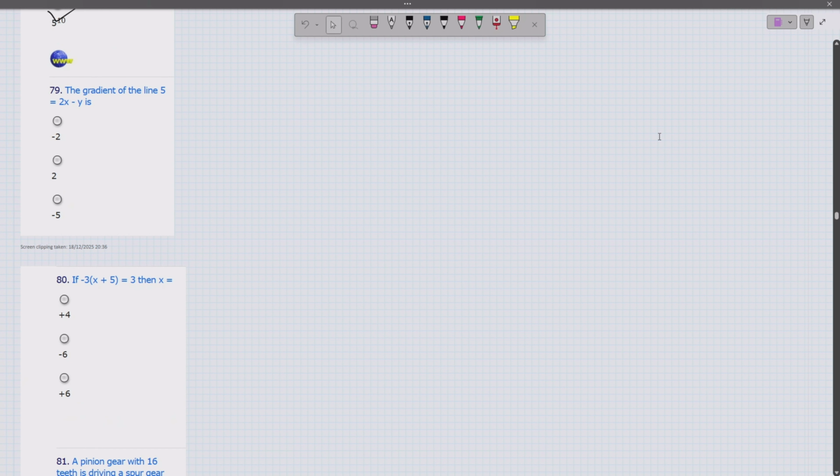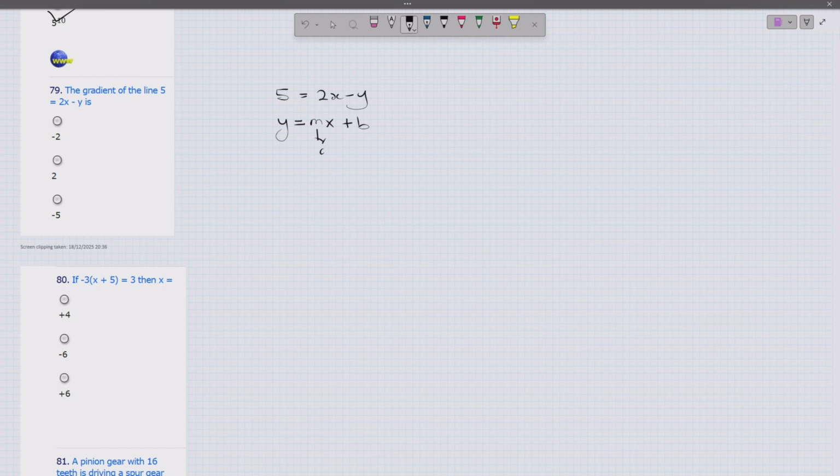The gradient of a line: 5 equals 2x minus y. The equation of a line is in the form y equals mx plus b, with m being the gradient. So if you rearrange the equation in the form y equals mx plus b, you should be able to find the m.